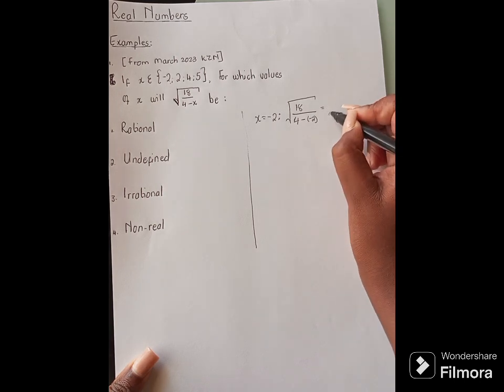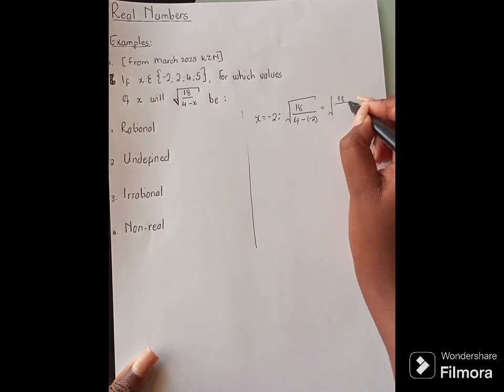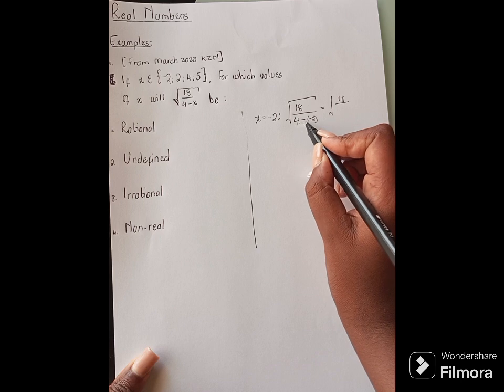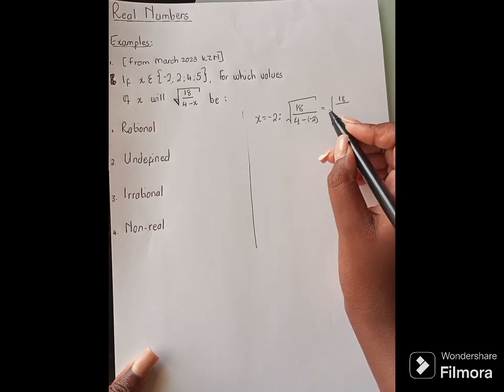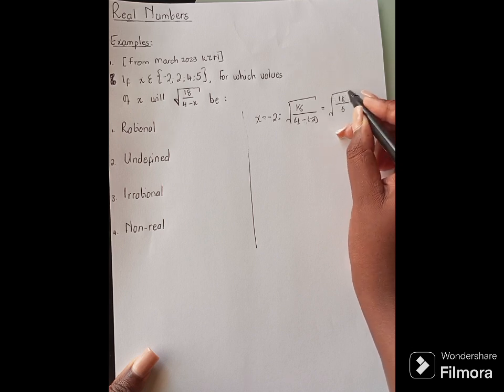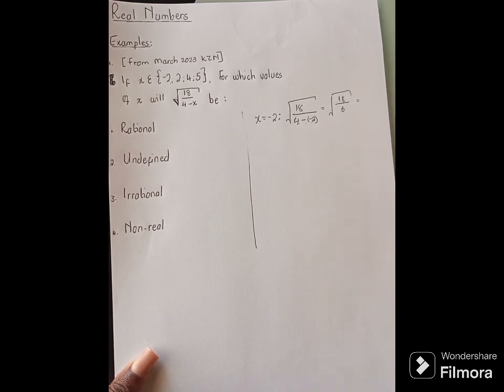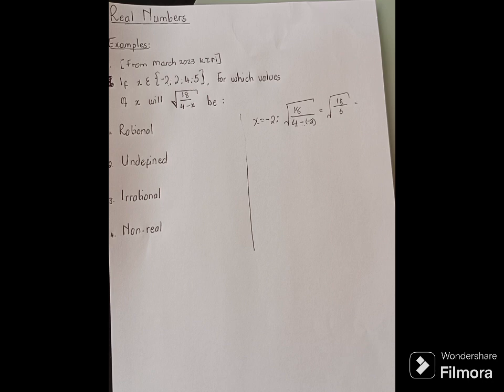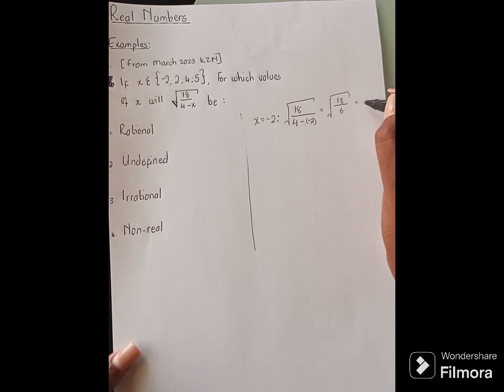What is that going to be? It is going to be 18 over 4 plus 2. 4 minus a negative is going to be plus. 4 plus 2 is 6. And then when you do this on your calculator, you're going to get 3, which is the square root of 3.